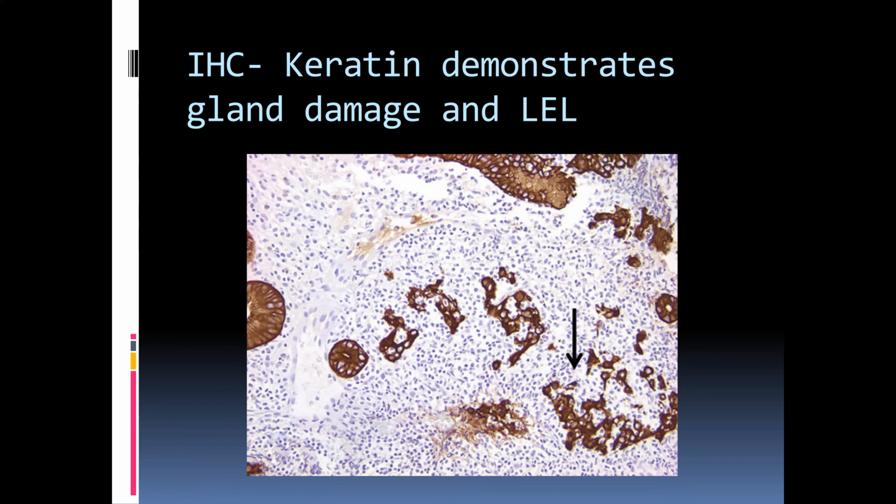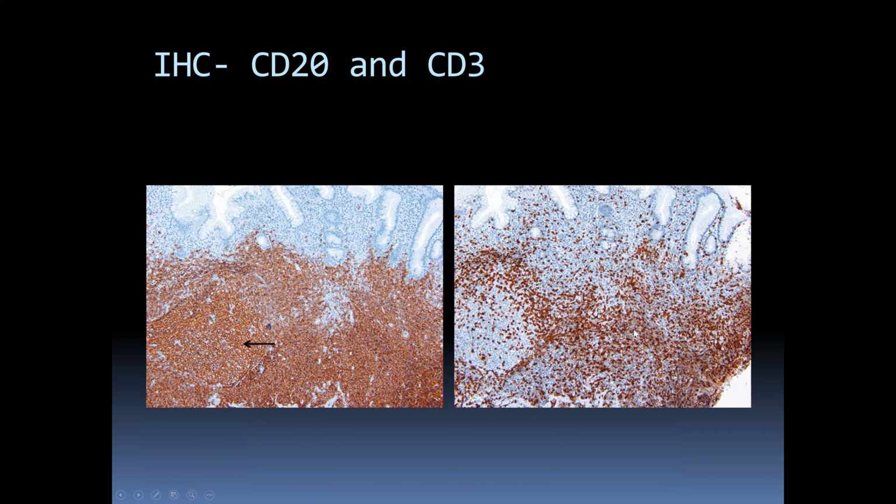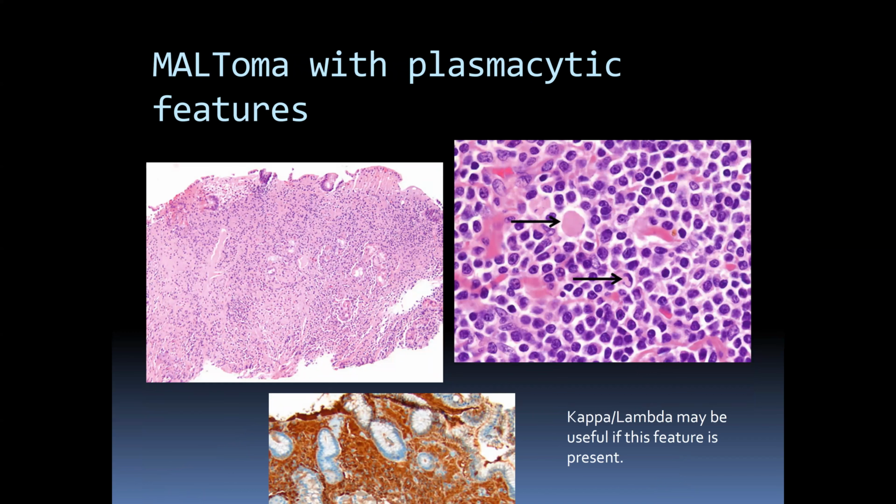So here's an example of the CD3-CD20 mismatch. Here's the CD20 stain on the left, a CD3 stain here showing a fair number of cells, but not the predominant population. So I think that has moved beyond being just a reactive inflammatory gastropathy and has become a clonal neoplasm. Now, some of these can have plasmacytic features.